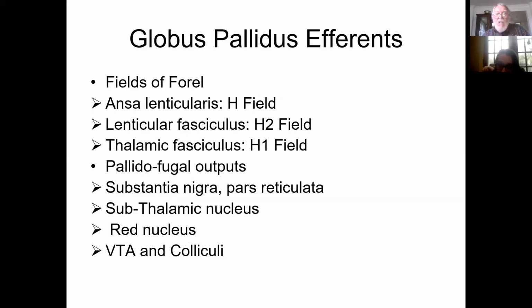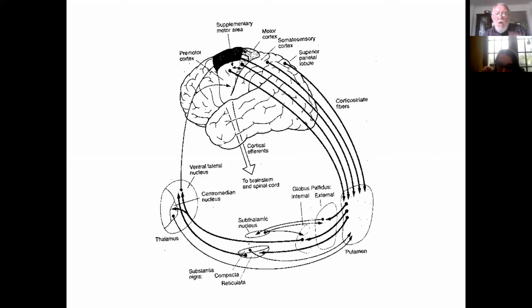Okay, so here we are with these outputs. So what we can now start to think about is different types of important structures.